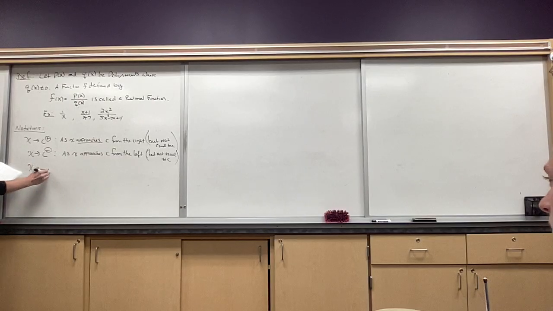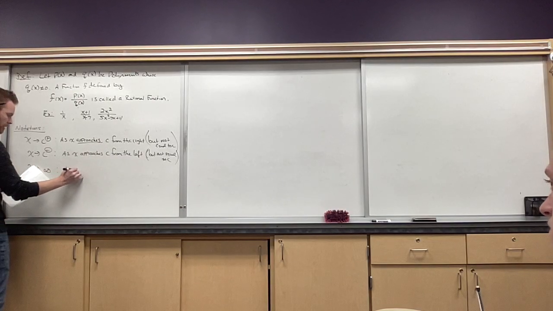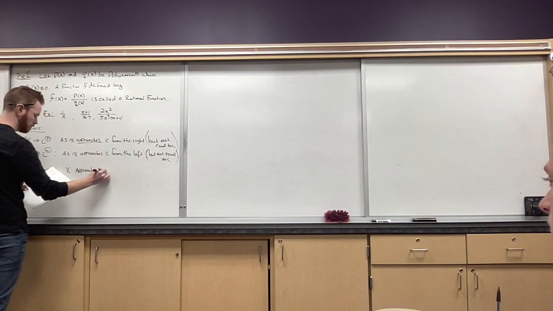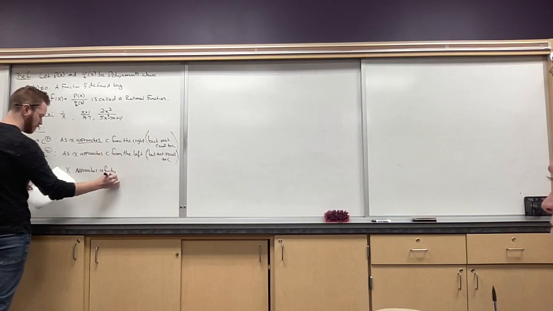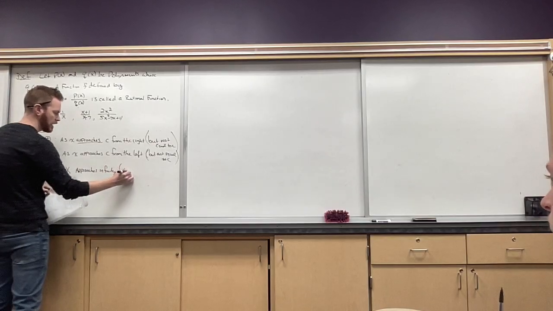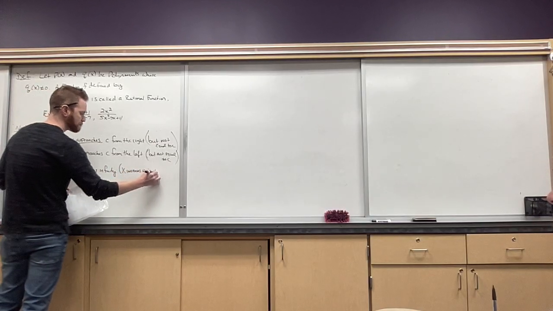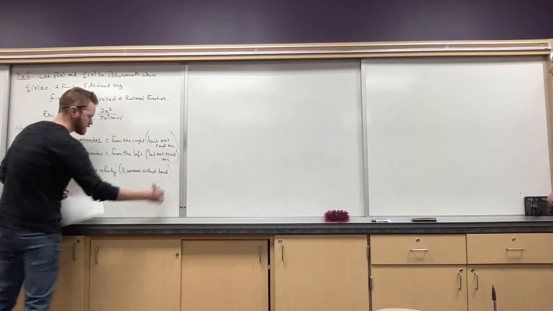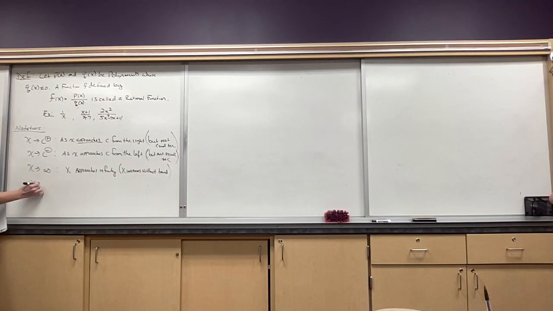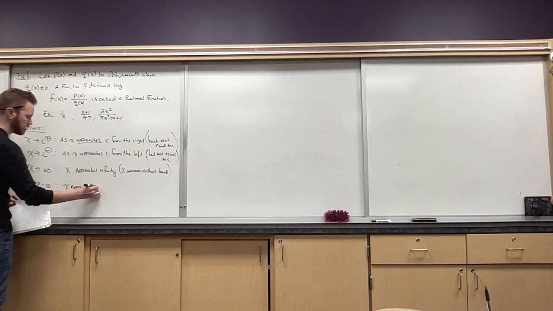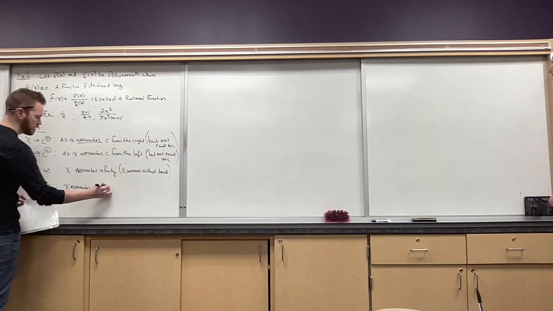Other symbols that we could be seeing, we've already seen this one before. This just means as x approaches infinity. Okay, so in other words, x increases without bound. And then we have the negative infinity. So that's x approaches negative infinity.